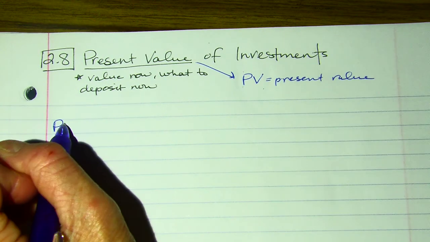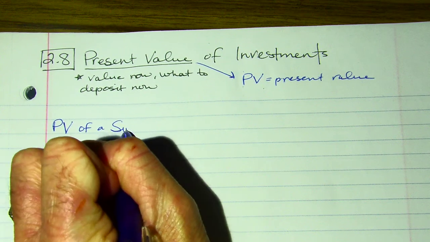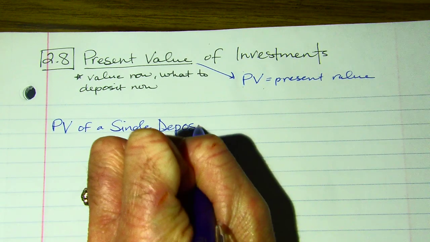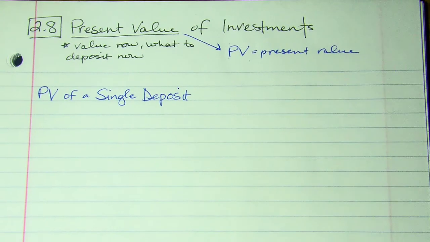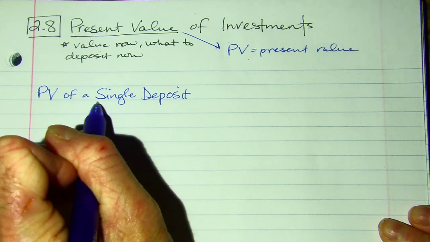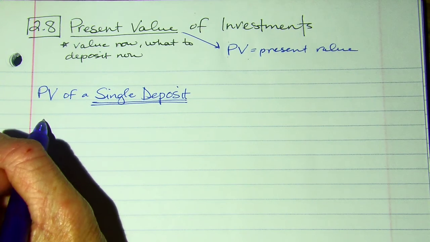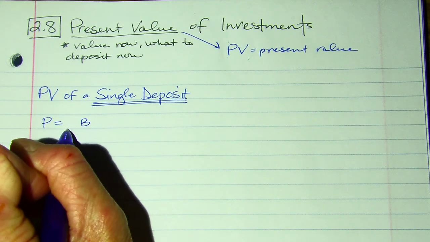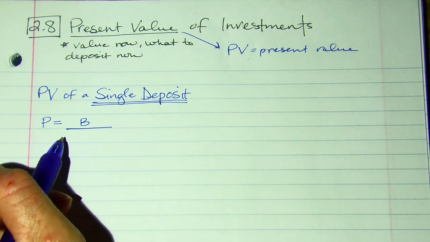So there are two formulas: the present value of a single deposit. So this is a one-time deposit. You put money in the bank, you walk away, you don't put anything else in the bank. So the present value of a single deposit has one formula, and it looks like this. The present value is our balance divided by, and it's going to look similar.